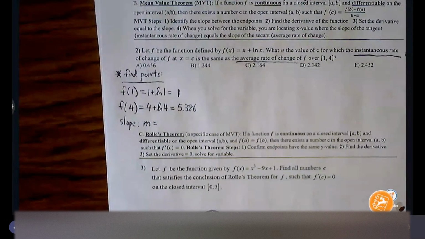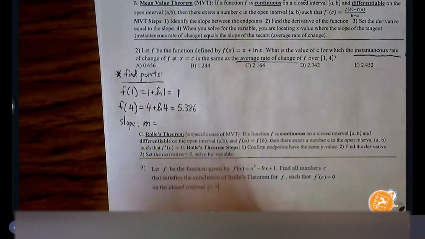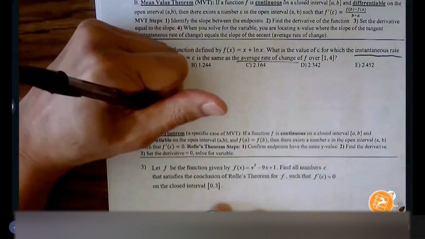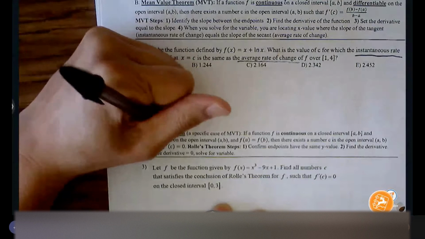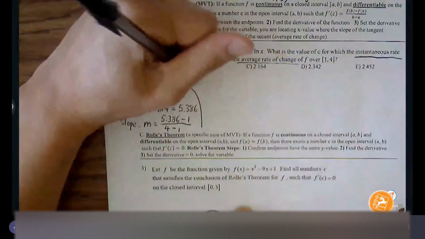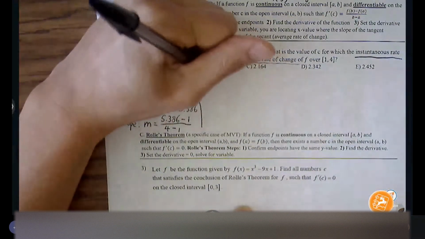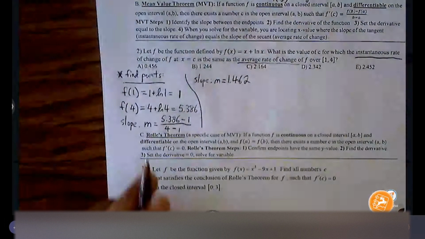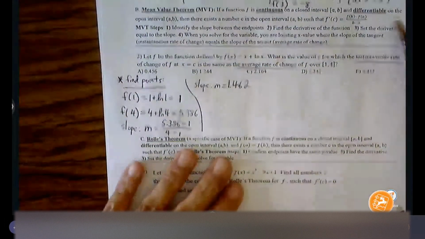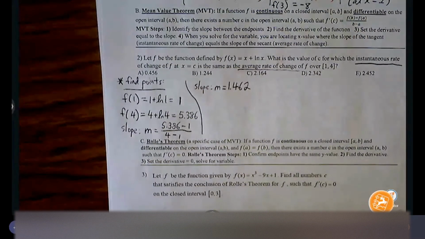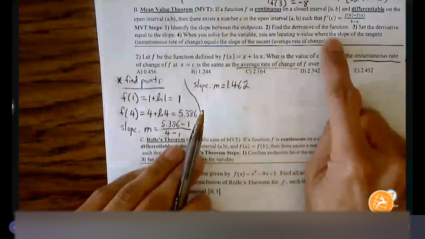So our next step is to find the slope, right? So just do change in y over change in x. Clean this up, we get slope is equal to 1.462. All right, so we have that target slope identified. Now we can move on to find the derivative.